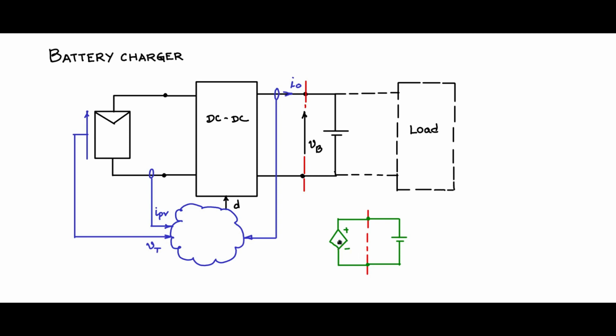If you have a controlled voltage source, you cannot parallel two voltage sources because there is no impedance in between, and there can be huge circulating currents which can blow up something in the controlled voltage source. So whenever you are having a controlled voltage source, you need to have a series impedance which will limit the current.